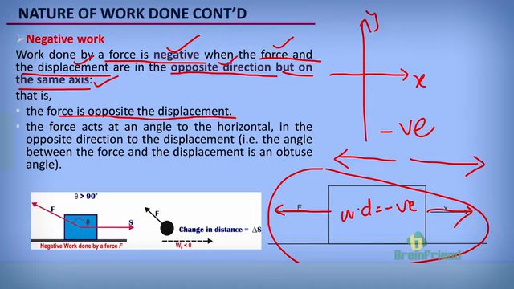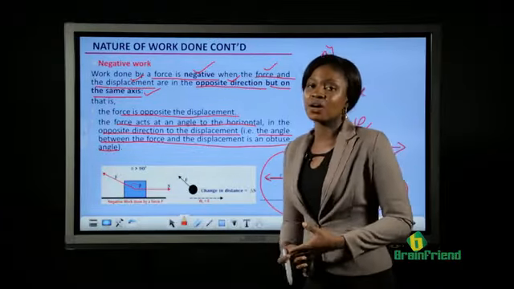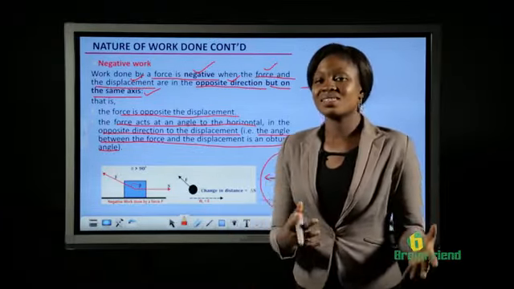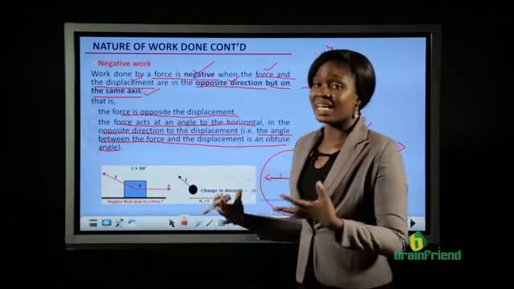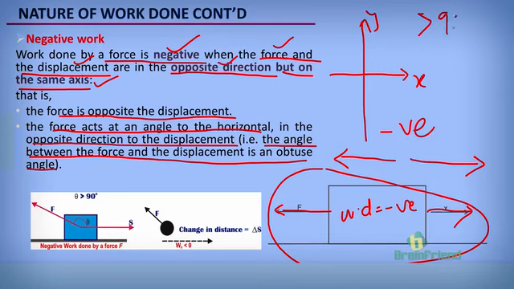Now, the force acts at an angle to the horizontal in the opposite direction to the displacement. That is, the angle between the force and the displacement is an obtuse angle. What is an obtuse angle? An obtuse angle is an angle between 90 degrees and 180 degrees. That means it is greater than 90 degrees, but less than 180 degrees.